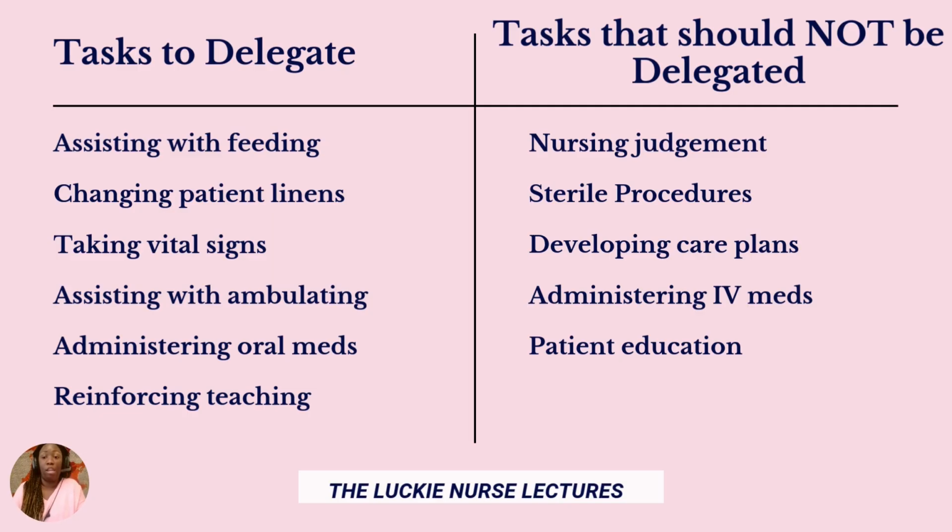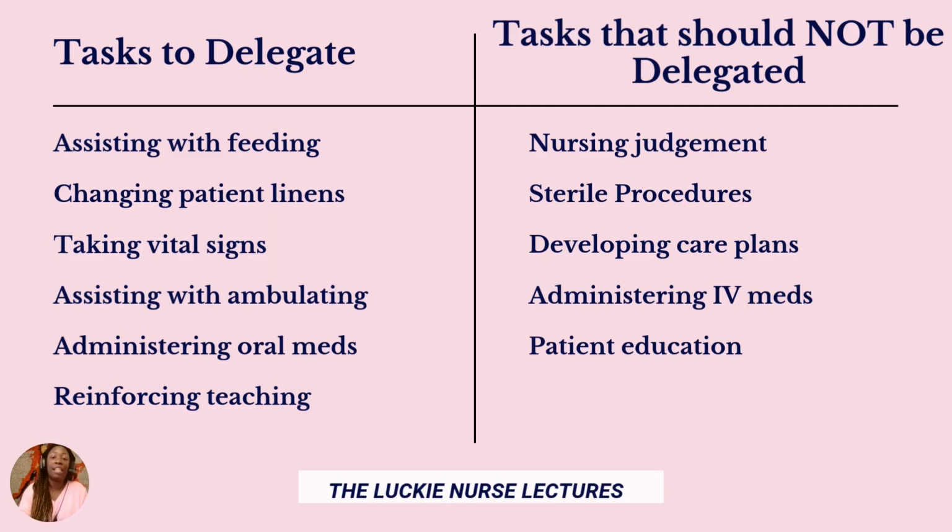Next is developing care plans. Developing care plans means using nursing recommendations for a patient's plan of care. Those things require nursing judgment, and they're tasks that should not be delegated to someone else. Administering IV medications. IV medications are not metabolized the same way that oral medications are.